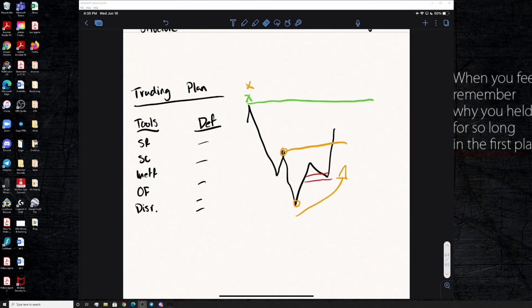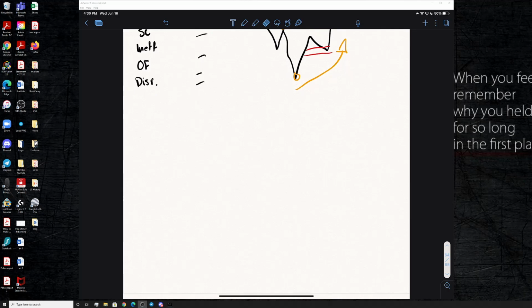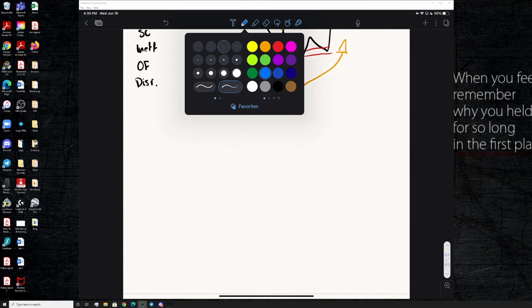So how do you execute? How do you execute based on that blue line that I just showed you, which is there? How do we play based on that? Well, that leads us to our next step, right? Which is how do you execute?